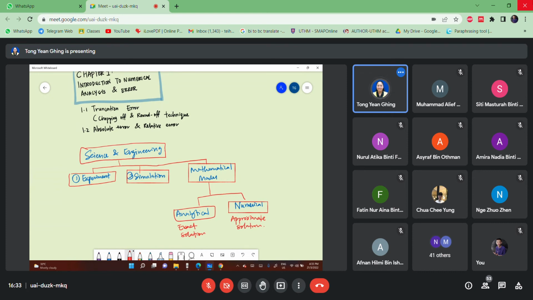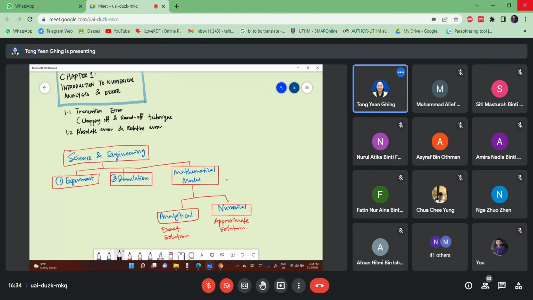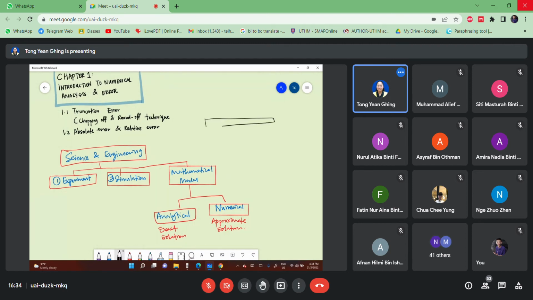Let's say you want to know, for a beam, the maximum load that can be imposed on that particular beam before it reaches the maximum deflection. So you want to know the P maximum, so that the deflection does not exceed the maximum.